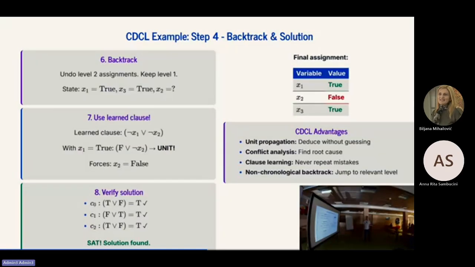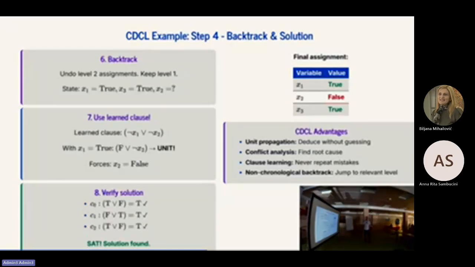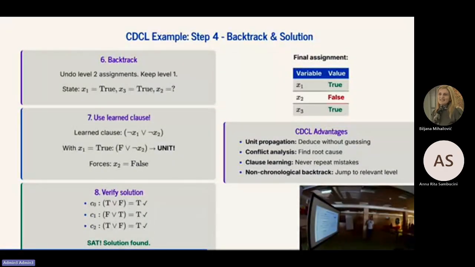We can finish this with backtrack and the solution, and we find our assignment for this formula. So this formula is satisfiable. This is all for the SAT CDCL solver.